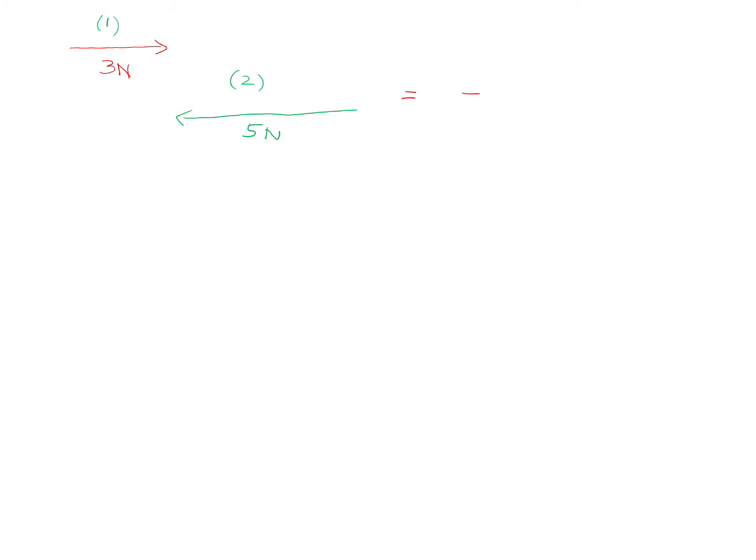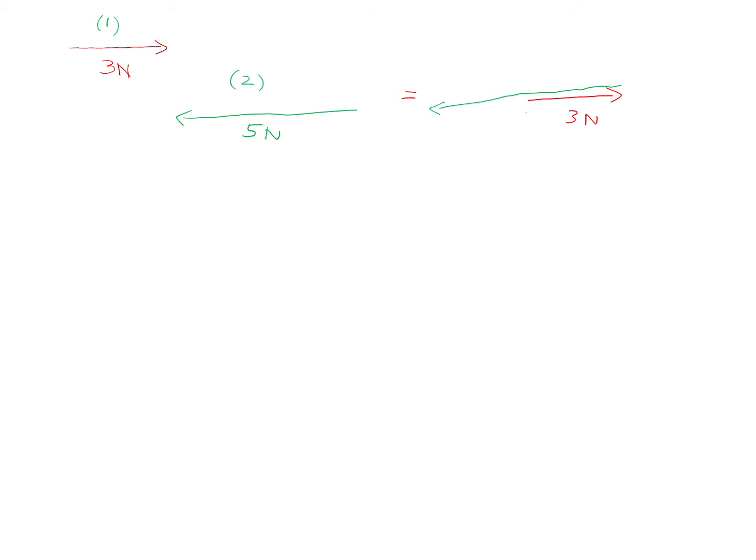Let me make more room. This is your first vector, 3 N. This is tail, head, and then you bring the tail of the second vector to the head of the first vector. So you draw like this.